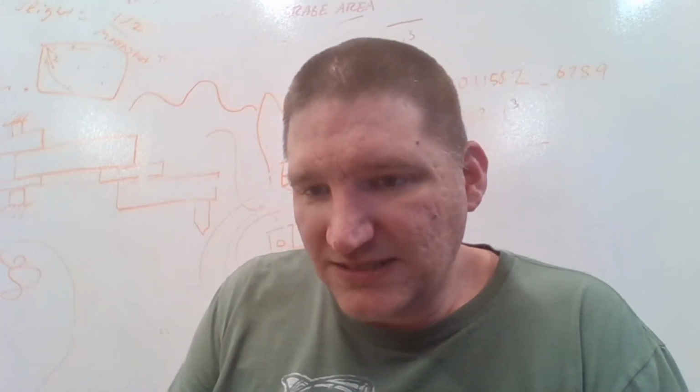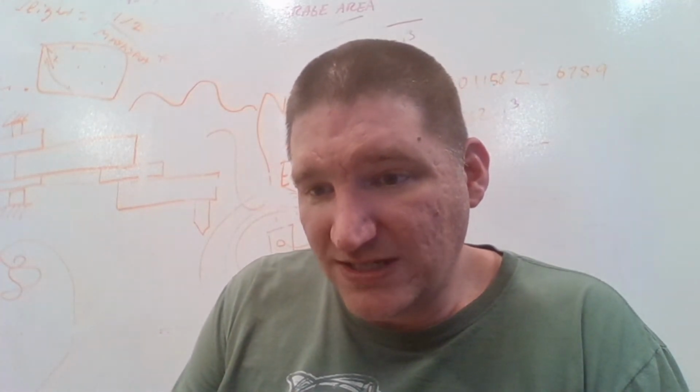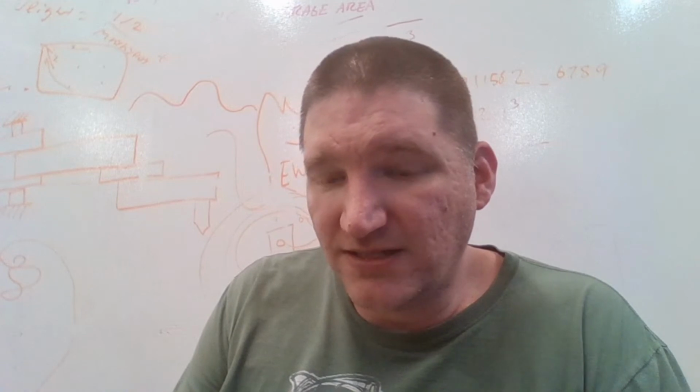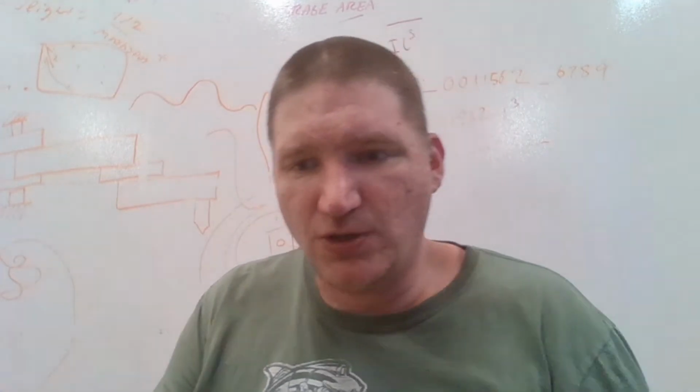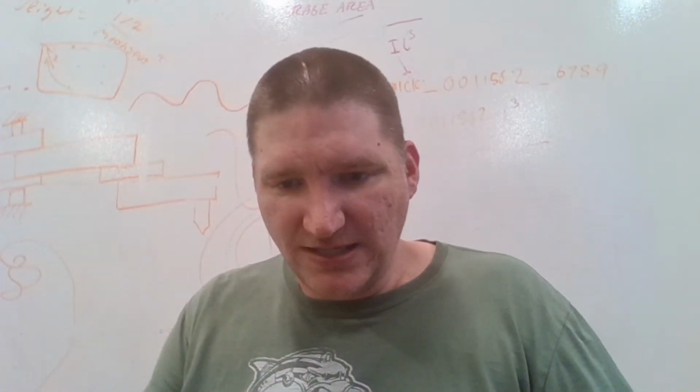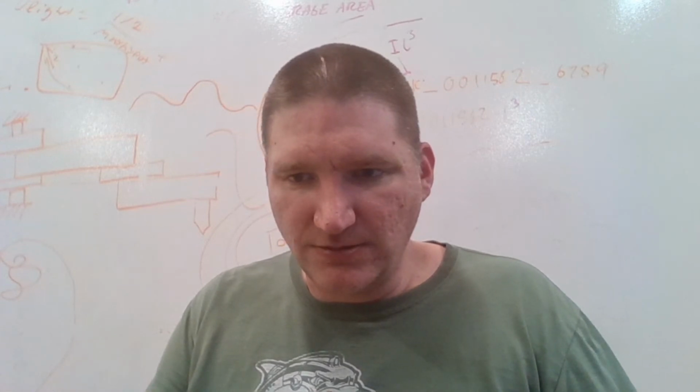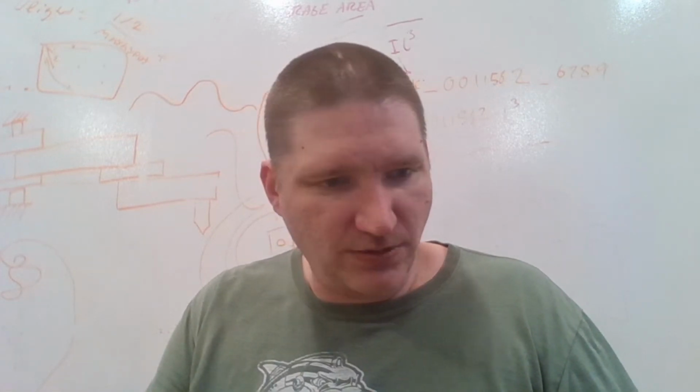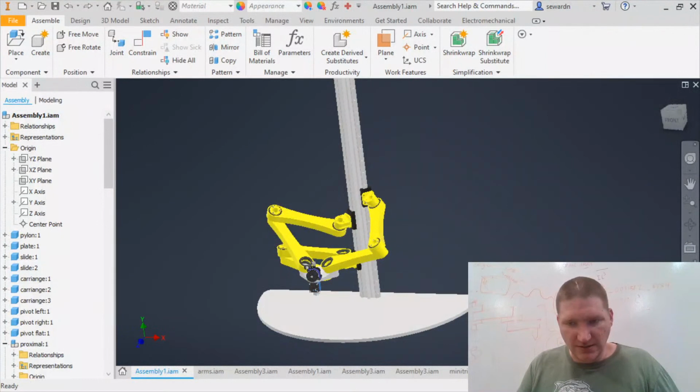Okay, let's see. I should talk about joint design. Someone asked a lot earlier about it. So let's just open up a joint and go look at it. It's going to take me a second to reorient here. Okay, I think I'm here.